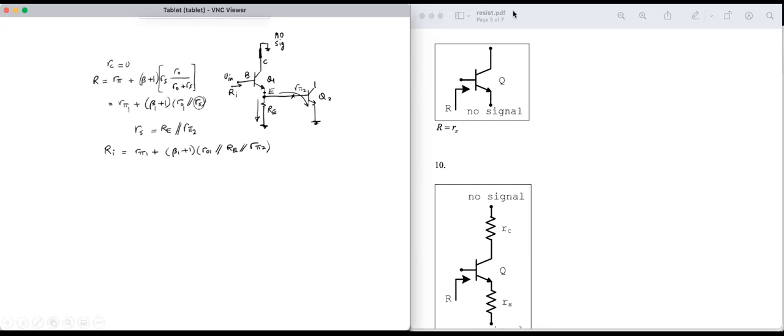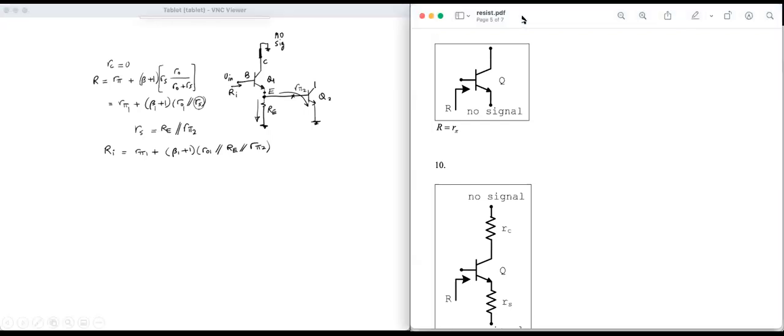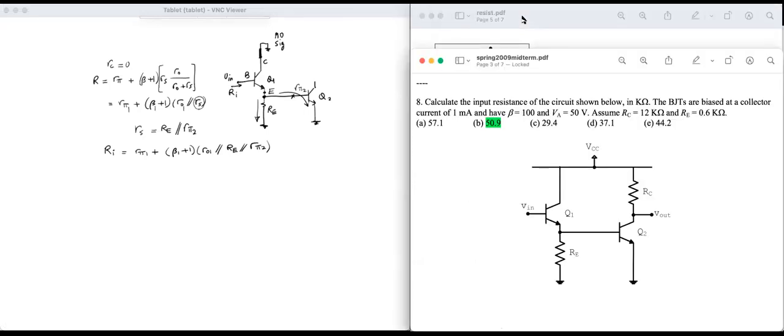Now, in the given, there are several quantities that we don't know, but we can easily find. So R pi 1, I have IC. It's given IC is 1 milli. So I can find GM1, IC over VT, so 1 over 25. That's 40 milliamp per volt.